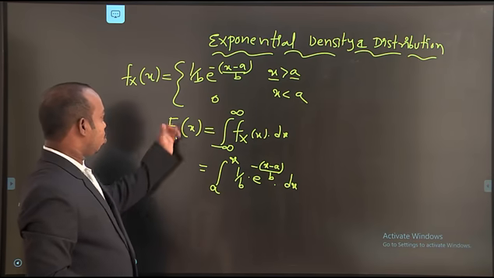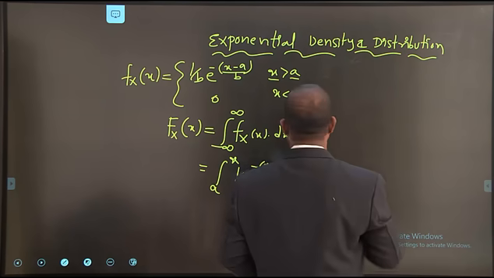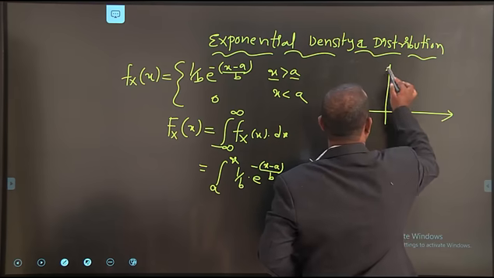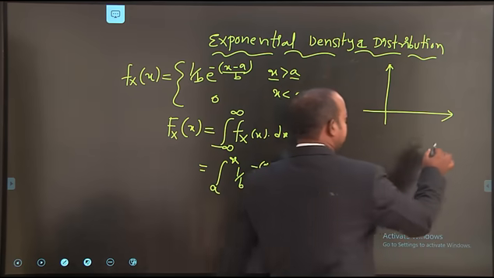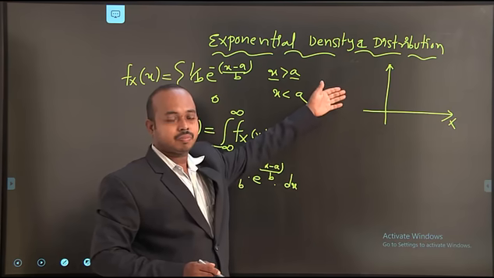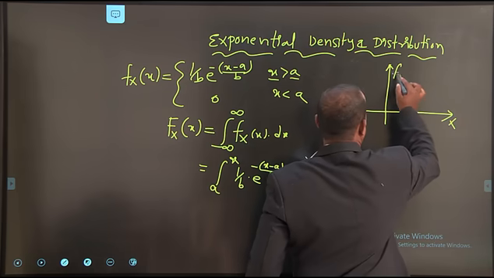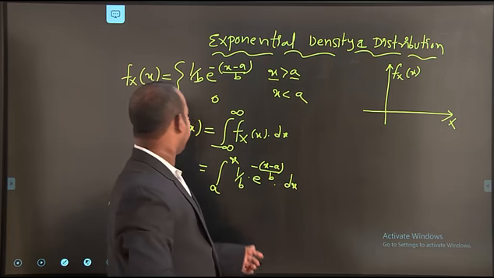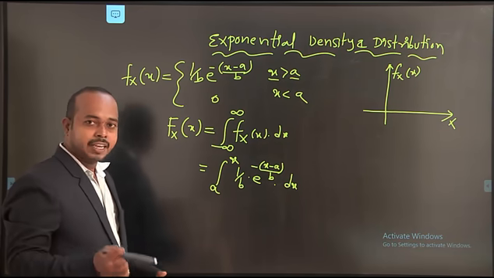First, let us see the graphical representation of this density function. On the plane coordinates, in the horizontal direction I consider the random variable x, and in the vertical direction the density function f_X(x). Here a and b, small a comma b, are both real constants.